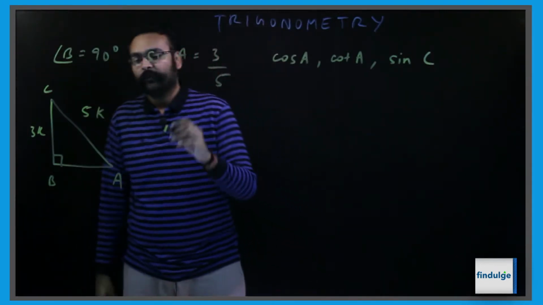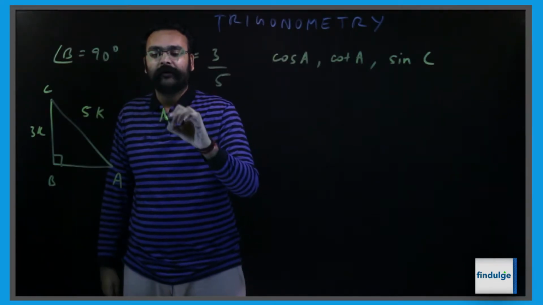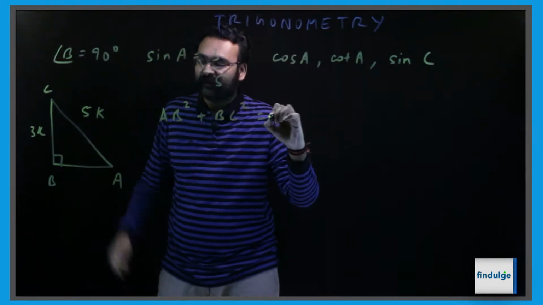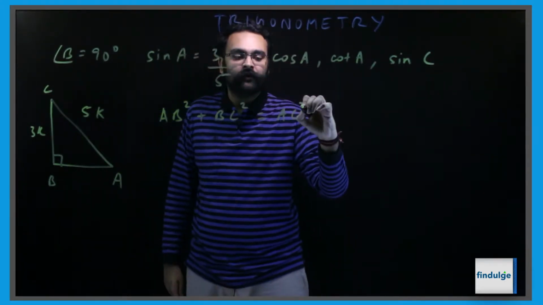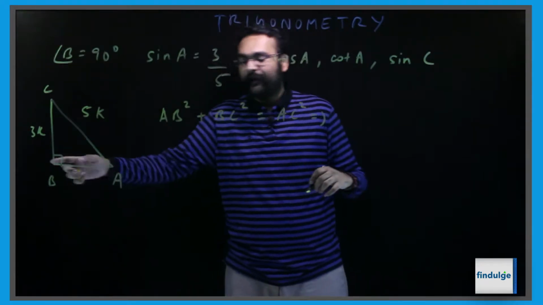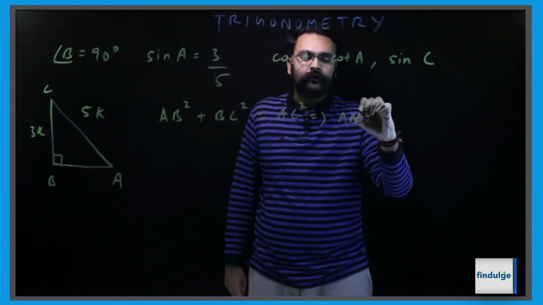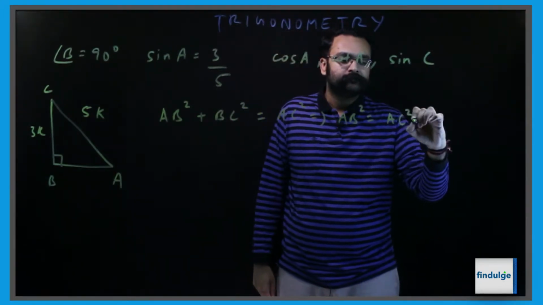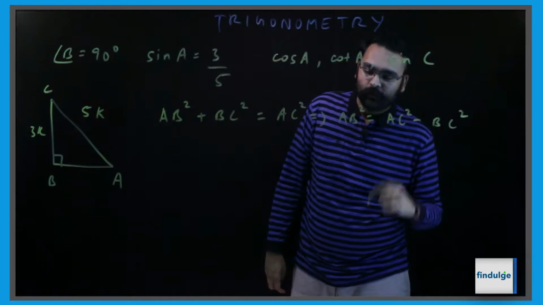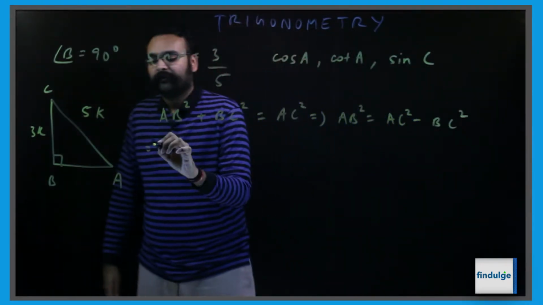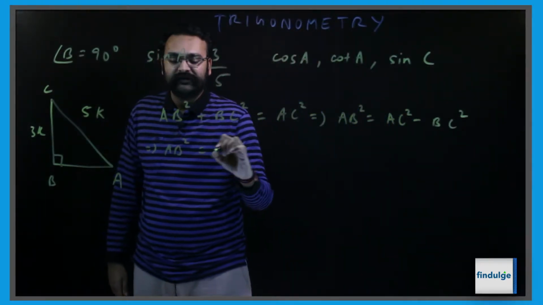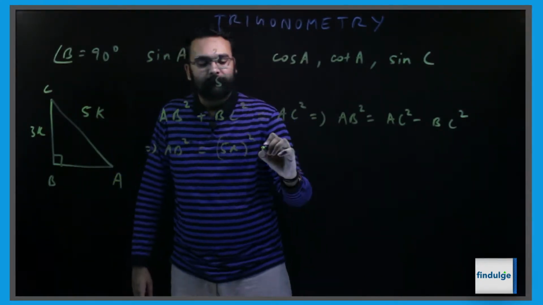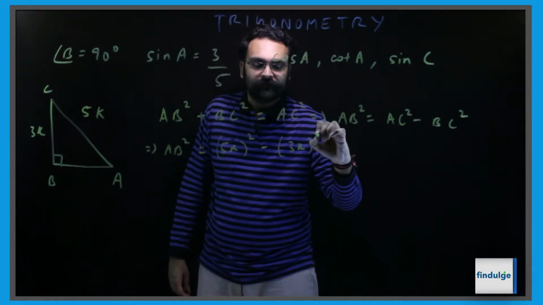So of course, we know that AB square plus BC square is equal to AC square, which will mean that AB square is equal to AC square minus BC square, which is nothing but AB square is equal to 5K square minus 3K square.